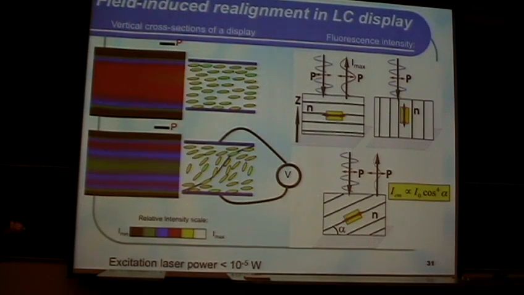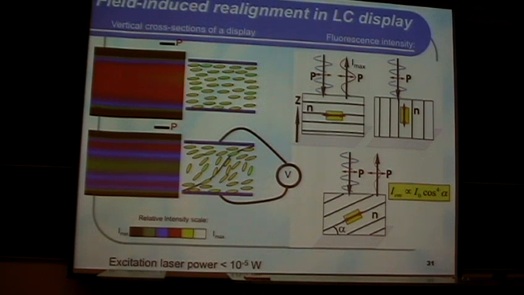To understand the principles behind this imaging, we can simply use the cartoon that I showed on the right side of the slide. Whenever the polarization of the excitation light is parallel to the transition dipole of the dye molecule in the liquid crystal sample, following the liquid crystal director, then there is a maximum, very strong intensity of fluorescence light coming from this particular focal volume in the sample.